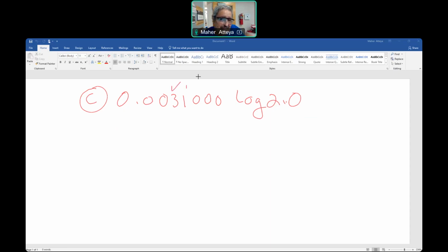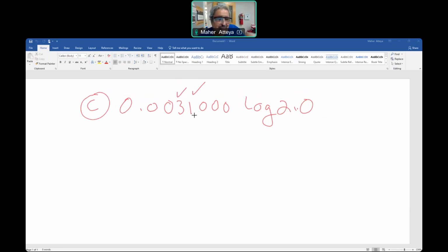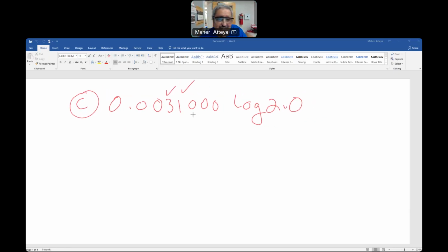Whole numbers are always significant. Zeros that come after, to be significant, have to meet what? Two conditions at the same time. They come after a whole number and the decimal is present. So those 3 are significant.